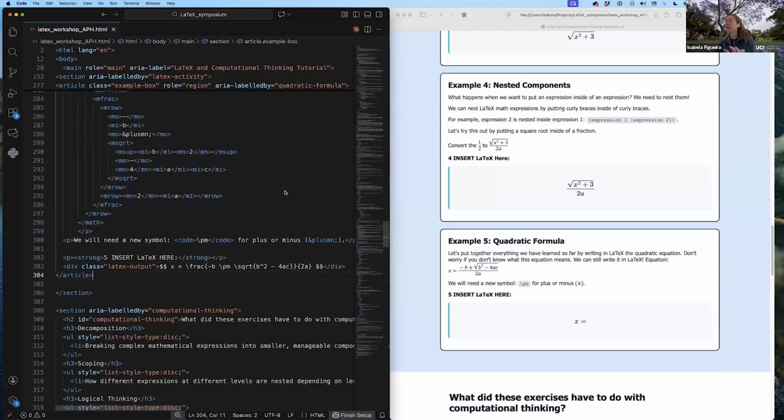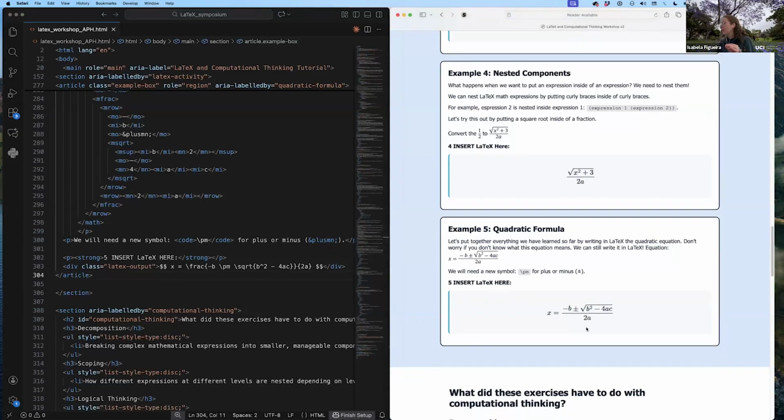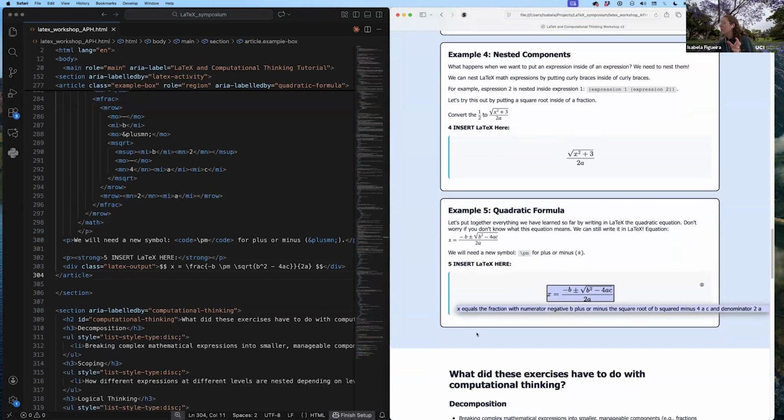I'm going to save this file, reload my browser, and now we should see a formatted equation in example 5. The MathML reads out x equals the fraction with numerator -b plus or minus the square root of b squared minus 4ac and denominator 2a. So that means that we formatted it correctly.